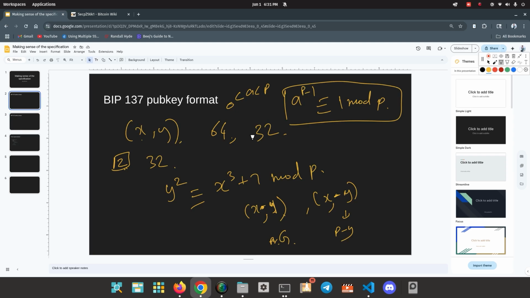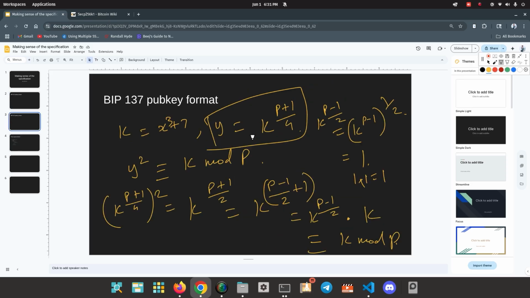That's the idea. Now you can ask, this p is a very big number, then (p plus 1) divided by 4 is also a very big number. How is it computationally possible to compute this value? These are the kind of questions you need to ask to understand the cryptographic strength of the scheme that we are using.